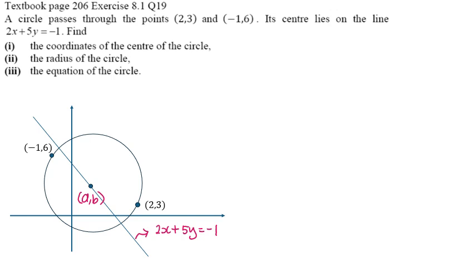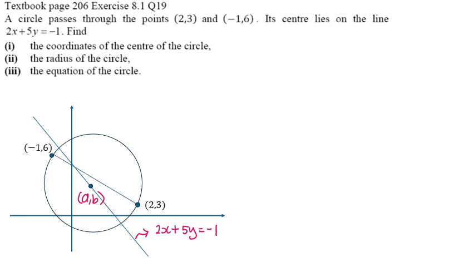If you recall the concepts that we have learned earlier on, to find the center of a circle, which concepts can we apply? Yes, the concept of the perpendicular bisector of the chord. If you join a line connecting the points (-1, 6) and (2, 3), that will form a chord.